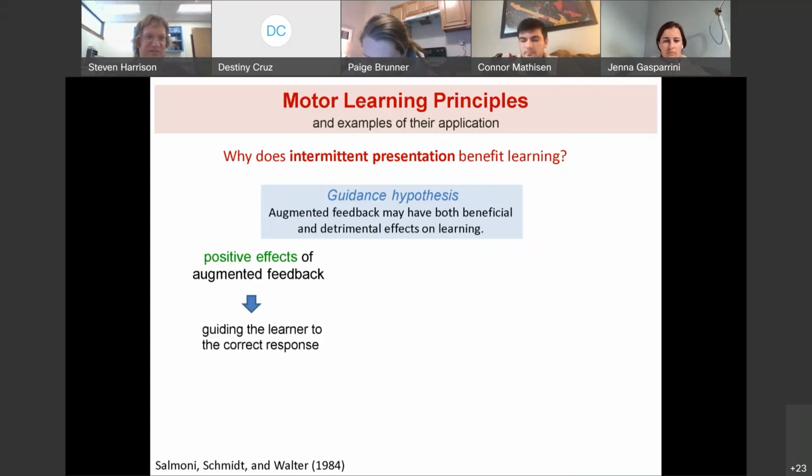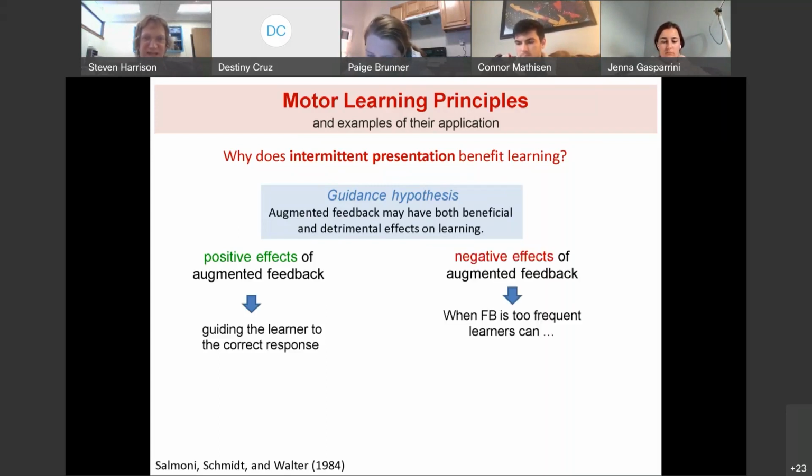Okay, so what are the positive effects of augmented feedback? The positive effect is that it has the ability to guide the learner towards the correct response, to get them into the ballpark of where they need to be. The negative effect is that when augmented feedback is provided too frequently, the learners can become too reliant on that feedback.